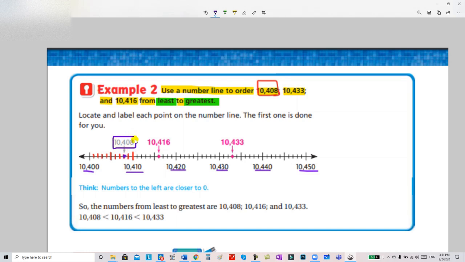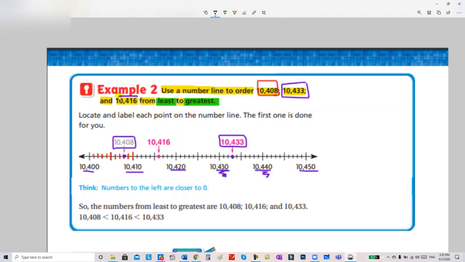After that, we want to represent this number, 433. Between what and what? Between 30 and 40, of course, because it's 33. So let's count: 431, 432, 433. So our number is here.